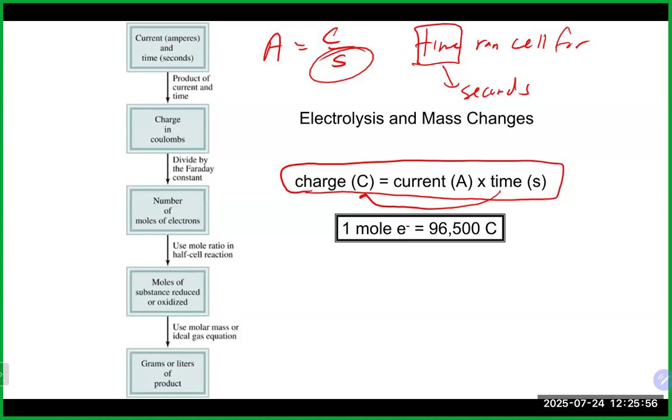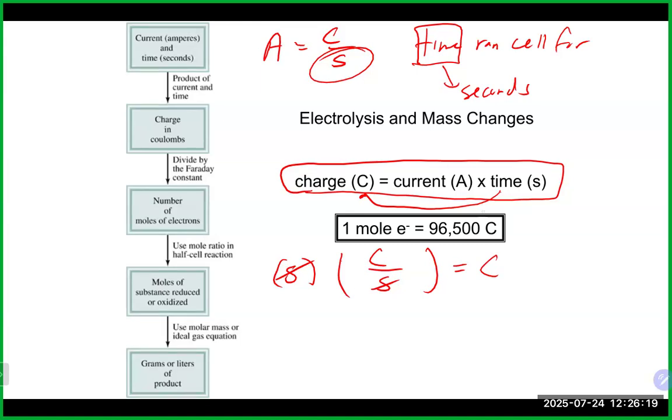Now, what would you do with those two numbers? Basically, you would take the seconds you ran the cell for and multiply it by the amperage, and the seconds would cancel, leaving you with coulombs of charge. It's at this point that we use Faraday's constant that we've been using before, that F value.